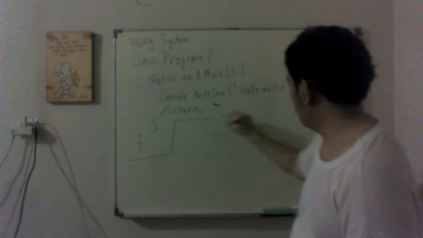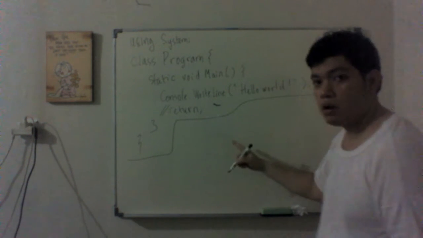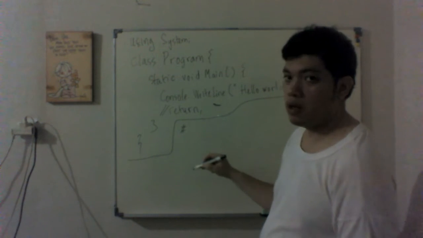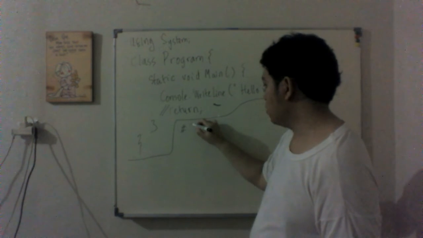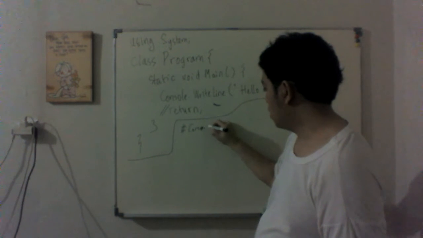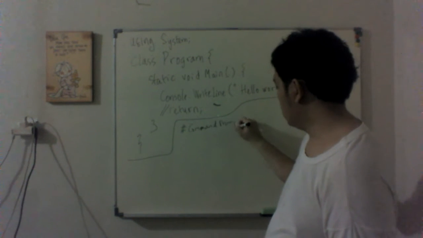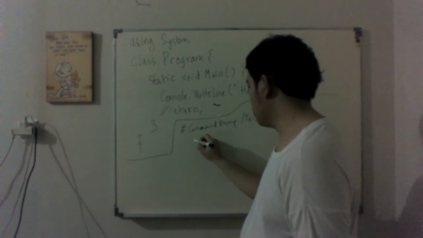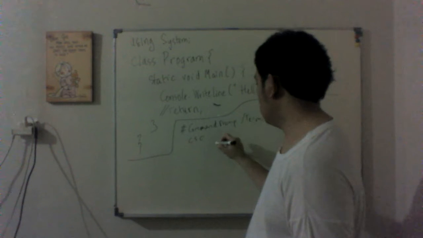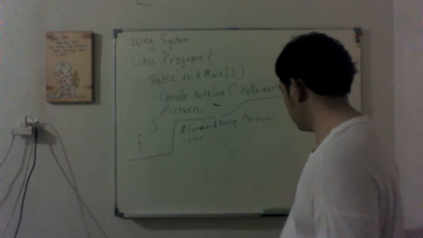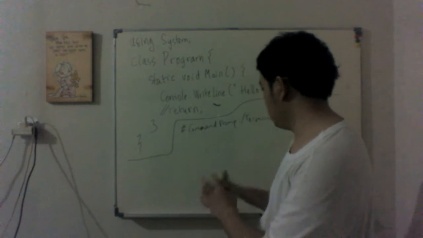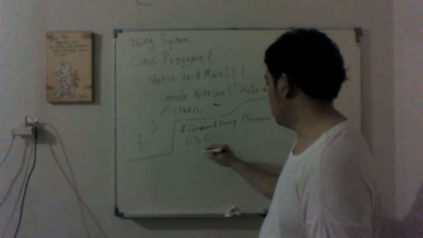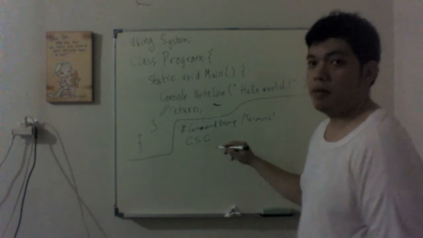So when you run this, there are two options. Option number one, of course, is to use the terminal or command prompt. First you compile it using csc, the C# compiler, and everything here is lowercase.